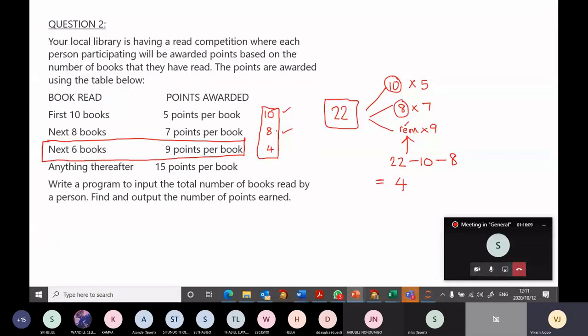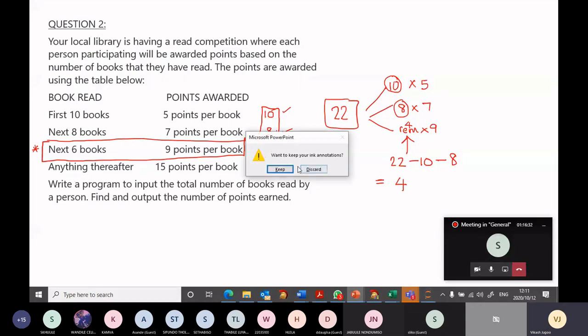So this remainder here is 4, and 4 is going to be multiplied by 9 to get the number of points for that particular category. Right, so remember that this is now the third case, and the third case is made up of 3 parts.